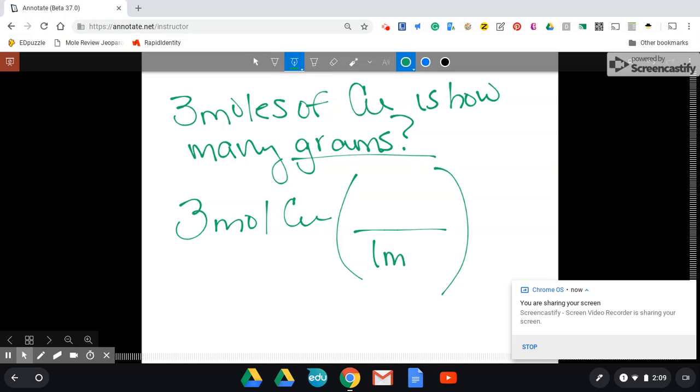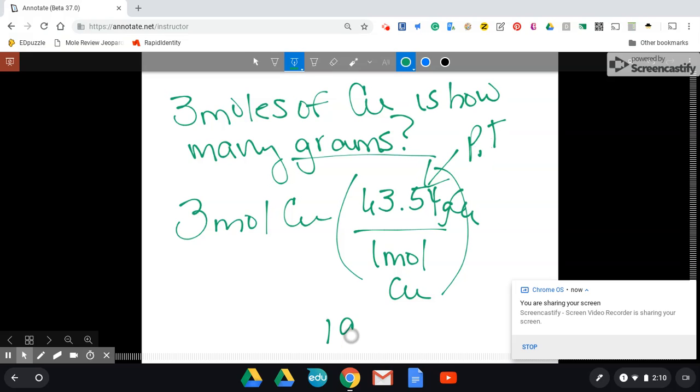So 1 mole of copper equals 63.54 grams of copper. Where did I get this number? Off the periodic table. So now take that 3 times 63.54, and I'm going to get 190.62.